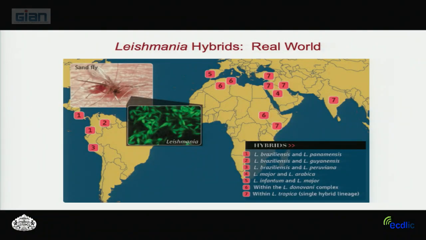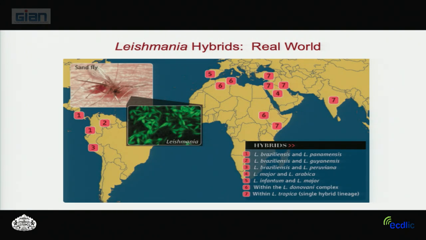This is a slide showing Leishmania hybrids in the real world. By hybrids, looking at markers distinguishing different Leishmania species, they found isolates that appeared to be a combination of two species, consistent with outcrossing, two species having had sex. In South America, hybrids between Braziliensis and Panamensis, Braziliensis and Guyanensis, Peruviana. In the Old World, hybrids between L. major and Arabica.